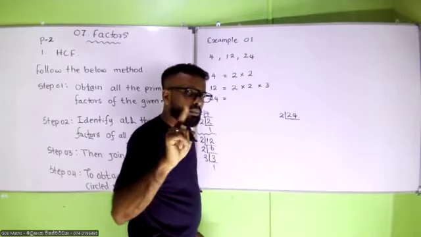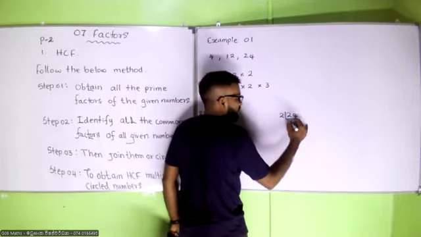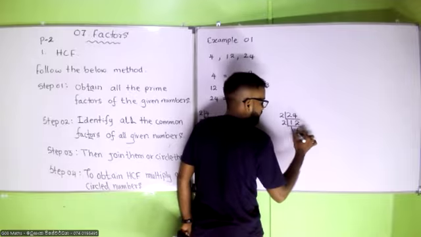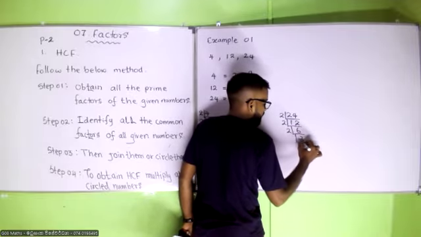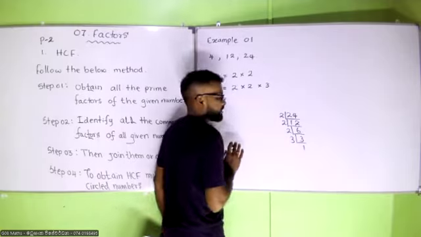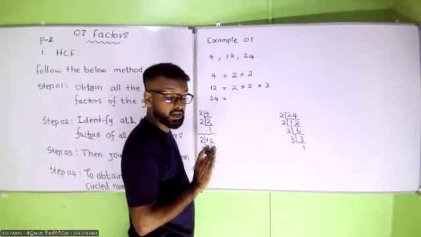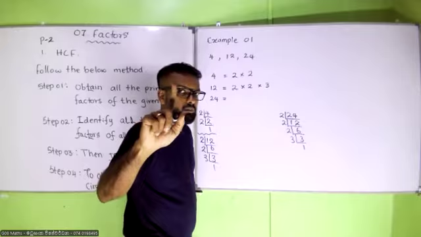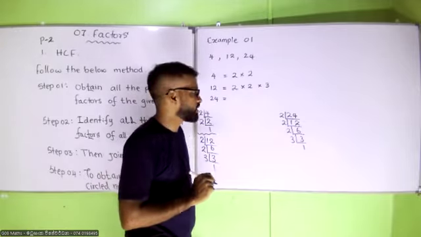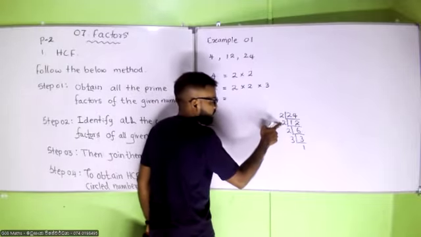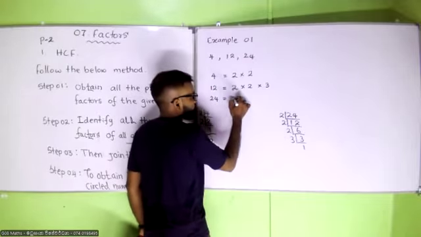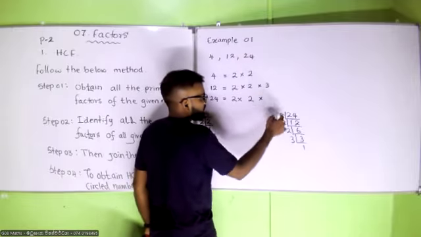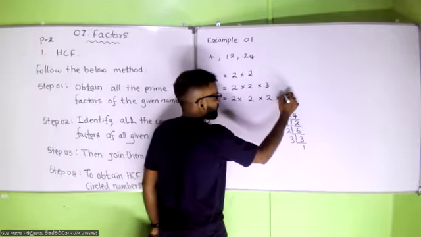We can divide 24 by 2. 2 times 12, 24. 2 times 6, 12. 2 times 3, 6. 3 times 1, 3. By using prime factors, I have divided until I get number 1 in the quotient. So that is 2 multiplied by 2 multiplied by 2 multiplied by 3.